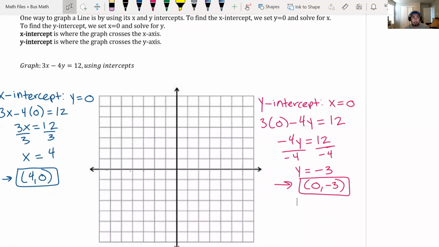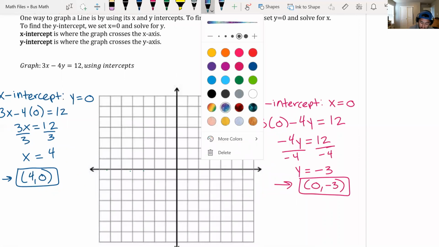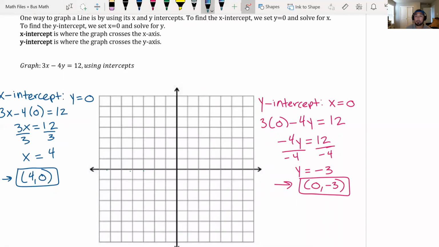Okay. And x-intercepts and y-intercepts are probably the fastest way to graph a function. All you need are these two points. So let's go ahead and plot them. (4, 0). That means we look on the x-axis and we look for positive 4.